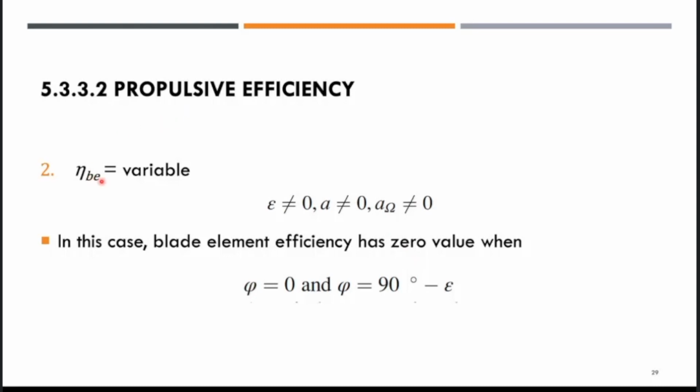And then for the case when the efficiency of the blade element is variable, in this case eta is not equal to 0, a is also not equal to 0, a subscript omega is also not equal to 0, and the efficiency has 0 value when the advance angle equals 0 and when the advance angle equals 90 degrees minus the eta angle.